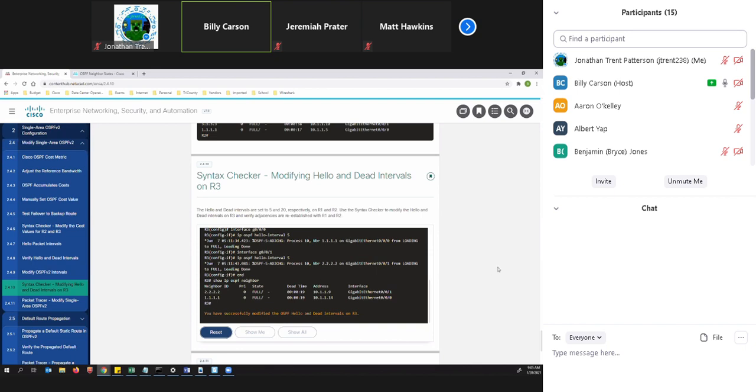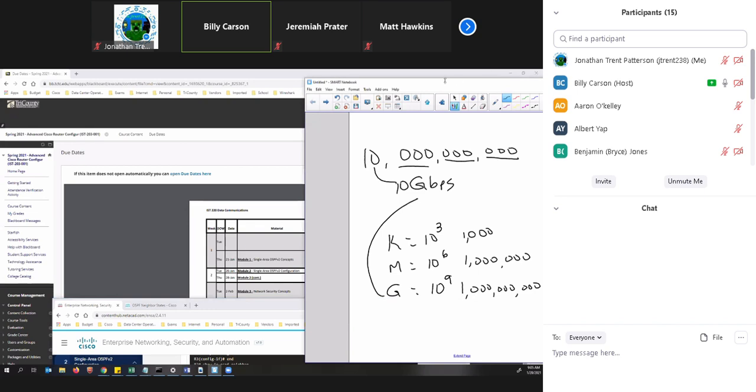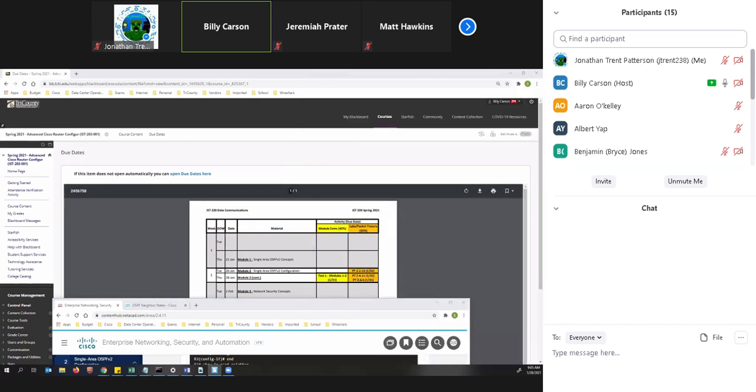So hello and dead interval timers. Packet 2.4.11. You've got that Packet Tracer to do. Go back and look, right here, 2.4.11.